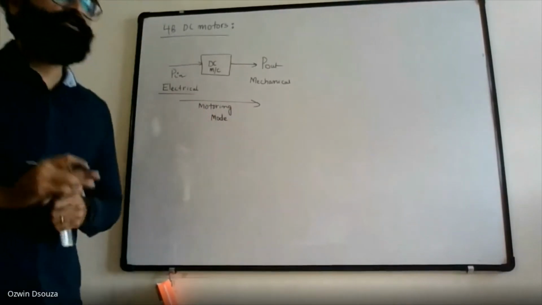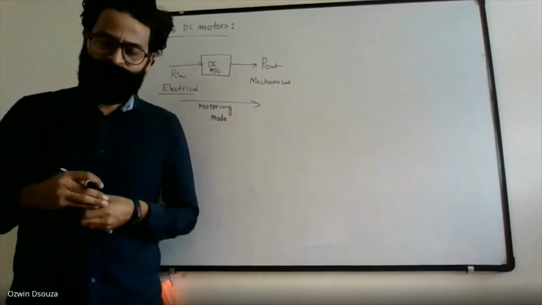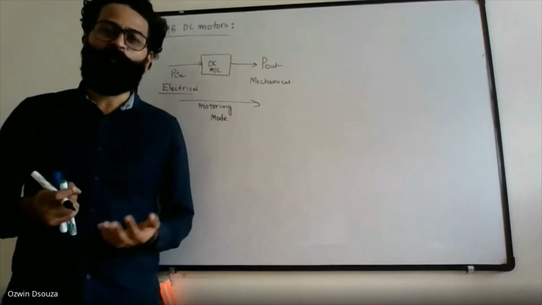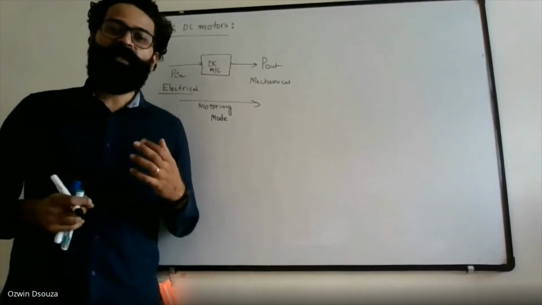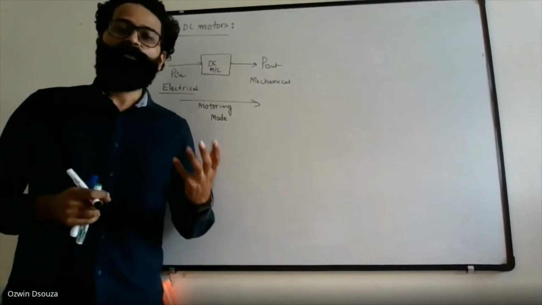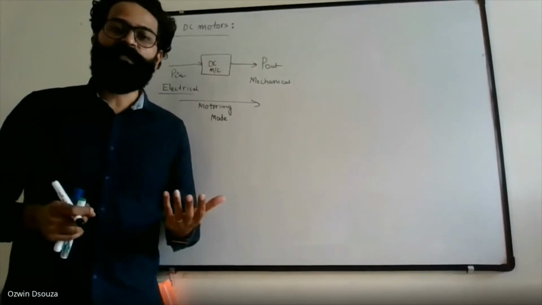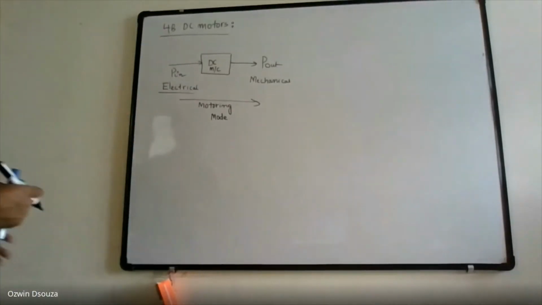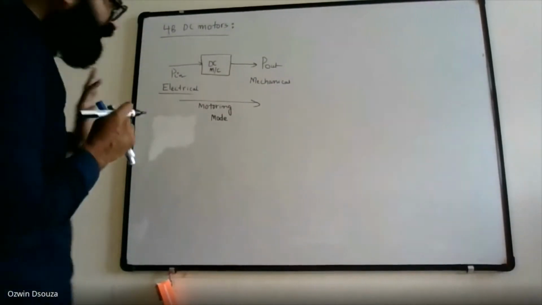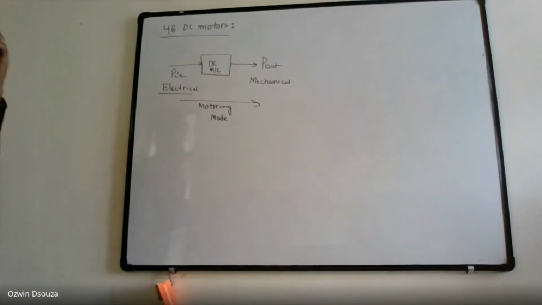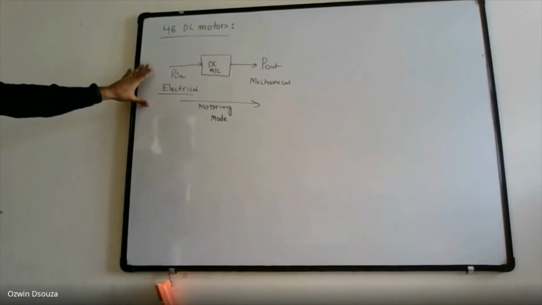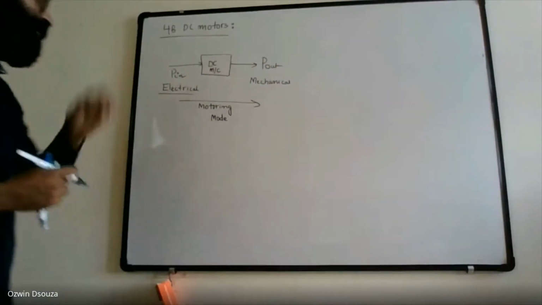Motoring mode. So just by interchanging the type of the input, one can make the DC machine work as a generator, or you can make the DC machine work as a motor. That's the very basic understanding of motoring operation. You need electrical power in order to get mechanical power output.